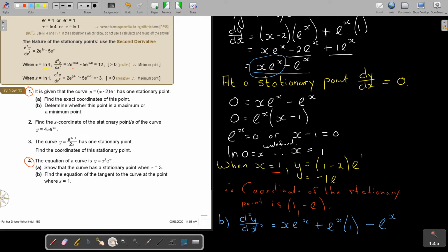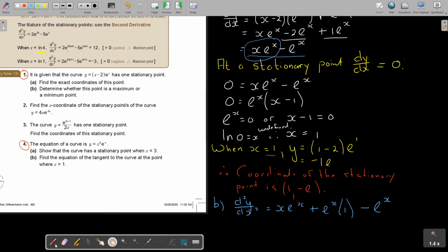And let's see what happens if I simplify that. So I'm going to get xe^x plus e^x minus e^x. So basically these two cancel out, and it's just going to be xe^x. But now don't forget, I'm going to substitute this point in.